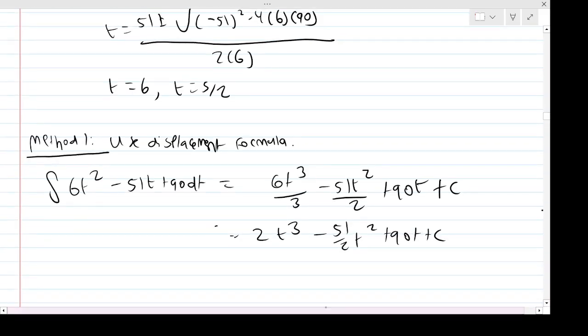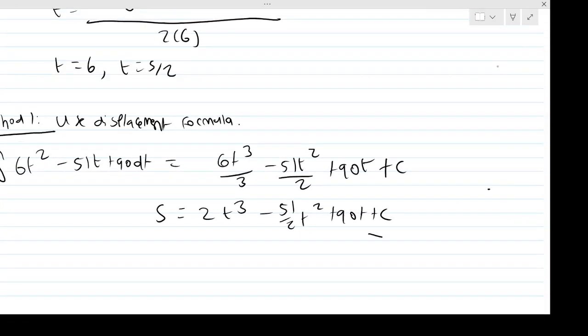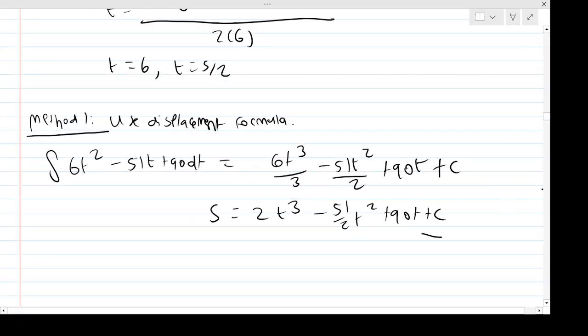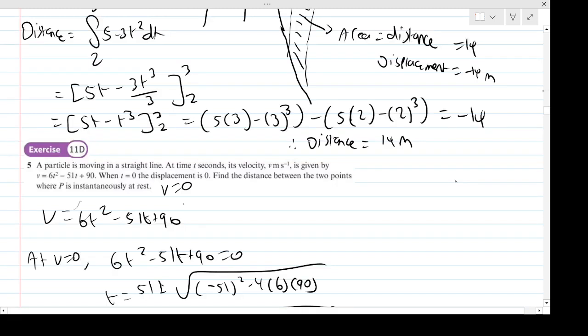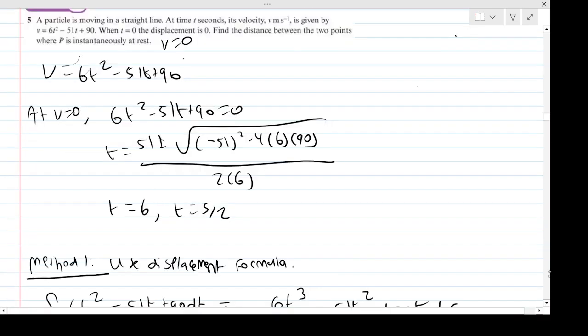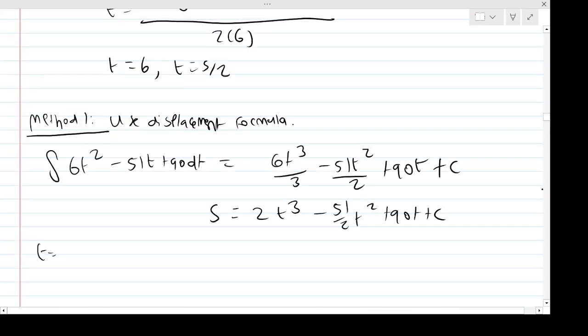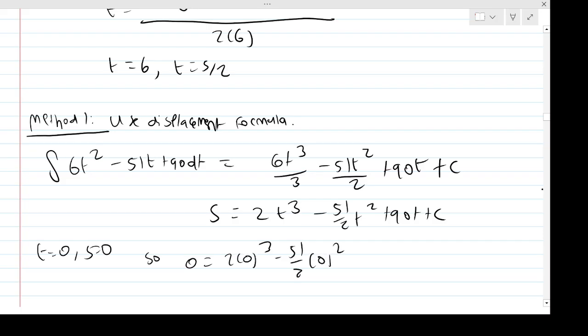Okay, this is my displacement S then, but of course the issue is I've still got an unknown here, c. So I need to find this plus c. Well, actually the question has given me some details. When t is 0, the displacement is 0. Okay, so that means when t is 0, S is 0. So I can sub that in. So 0 is equal to 2 lots of 0 cubed minus 51 over 2 lots of 0 squared, plus 90 lots of 0, plus c.